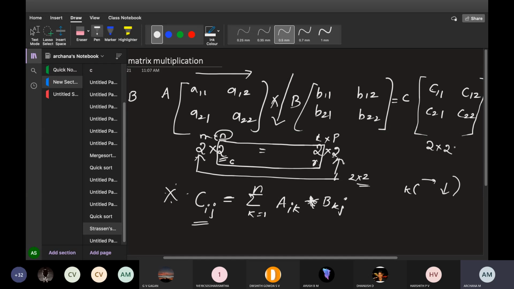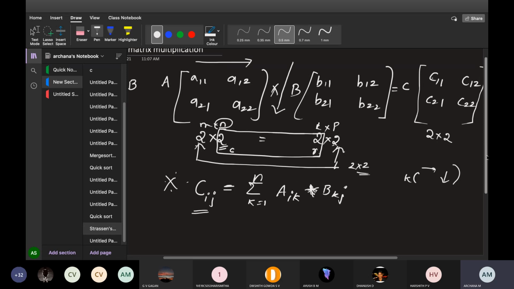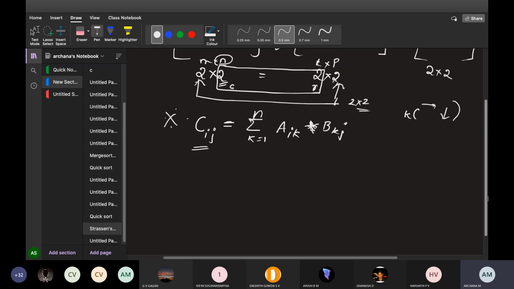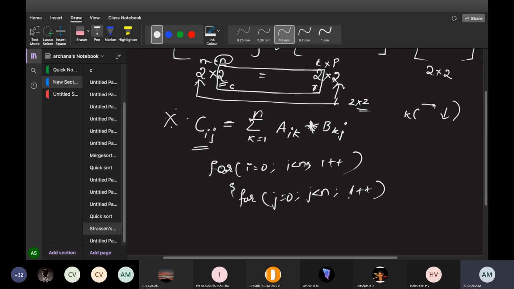Now when you take this into our programming language, what will we write? You people already know how to write this matrix multiplication using 3 for statements. Do you remember our algorithm? For I equals 0, I less than n, I plus plus, then one more for statement for j equals 0, j less than, you take this as m, you take this as n, j plus plus.